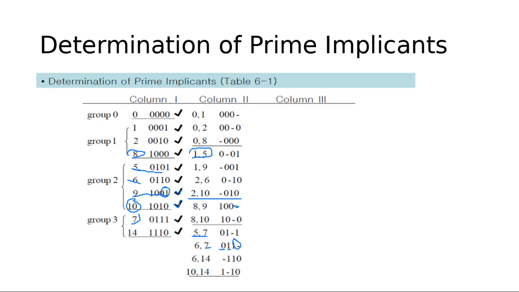This bit is different. And also you can combine the 6 with 14 because only 1 bit is changing. This bit is changing, right? And we can use this one, dash 1 1 0. And the last one is 10 combine 14.